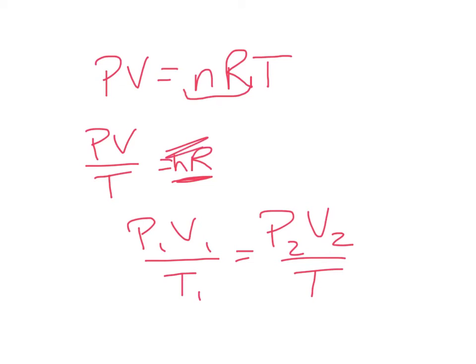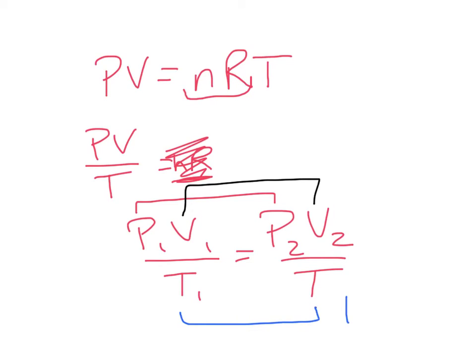Since we've taken this factor out, your pressures just need to be in the same unit, your volumes in the same unit, but your temperatures have to be in kelvins. To make sure you did it right, change your pressures to pascals, your volumes to cubic meters, and your temperatures to kelvins.